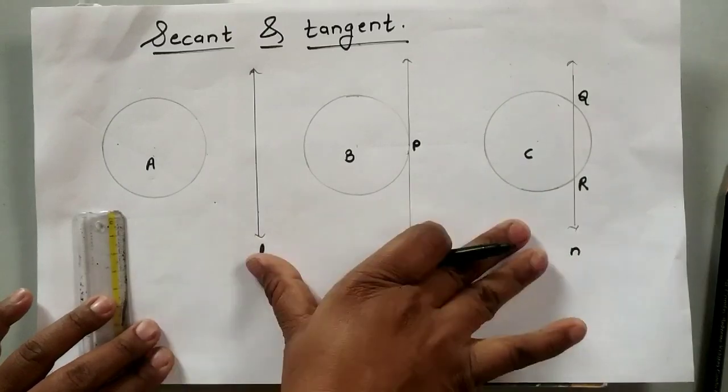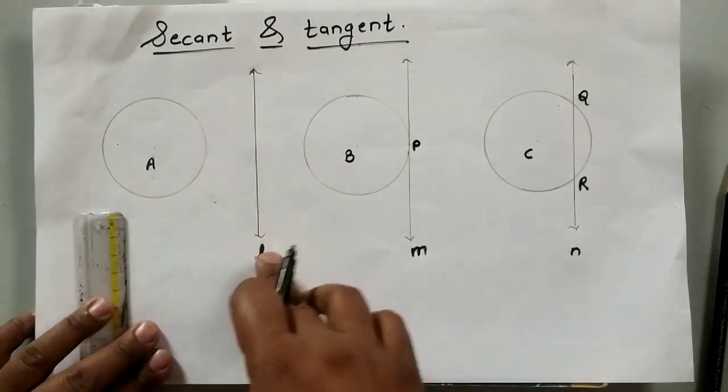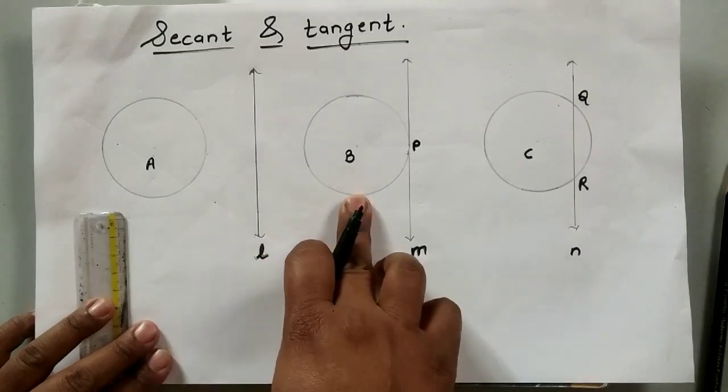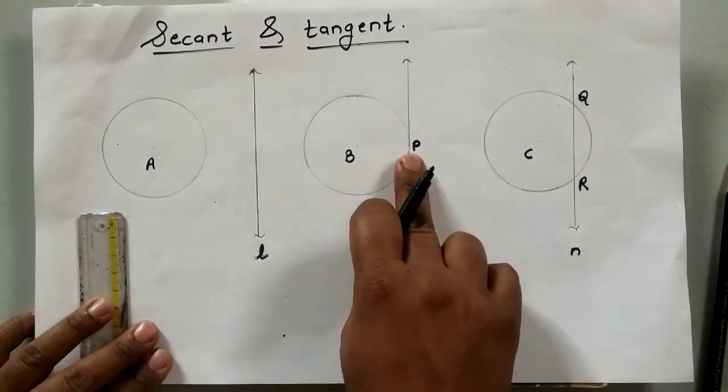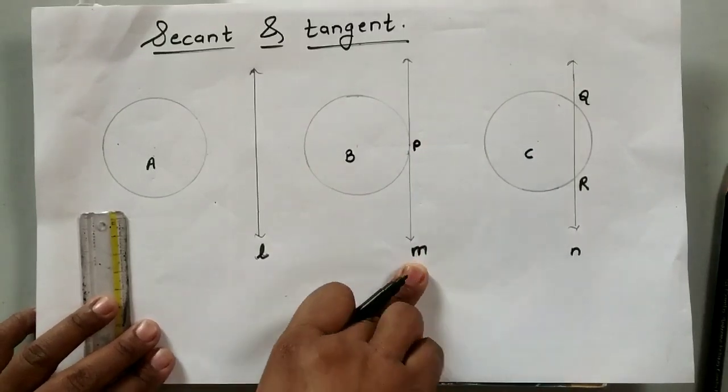In the first figure there is no point of contact between the circle and the line. In the second figure there is one point of contact, point P, between the circle and the line.